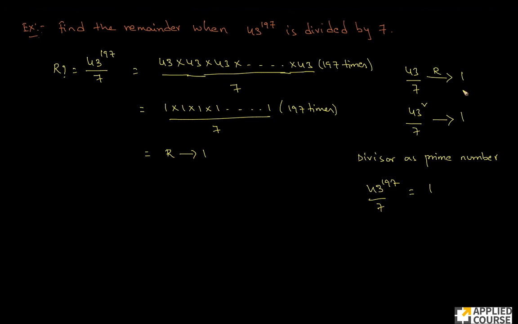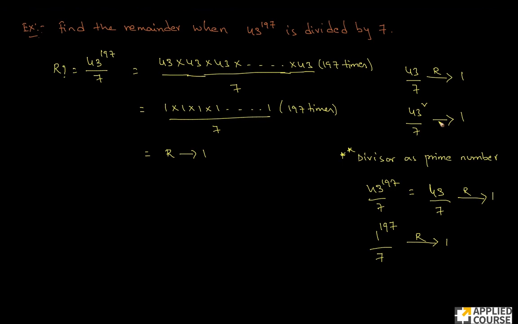First you need to check what is the remainder for 43 by 7. It is 1. So the same rule can be applied when you divide 1 power 197 by 7. The remainder will be the same when the divisor is a prime number. You can make it small and do the problem.